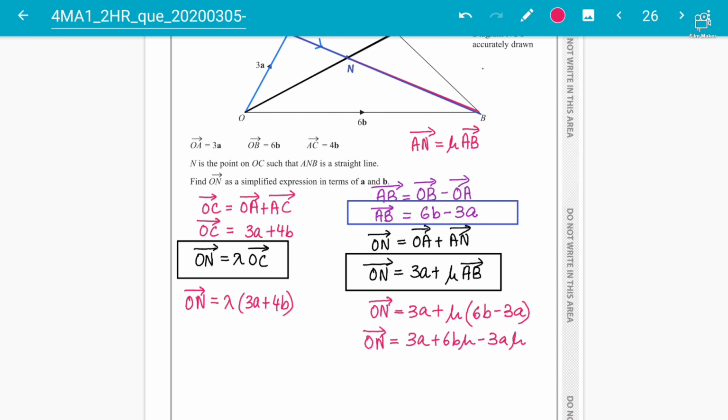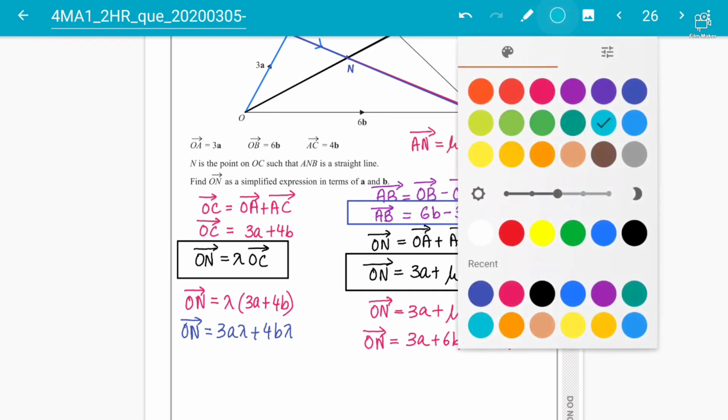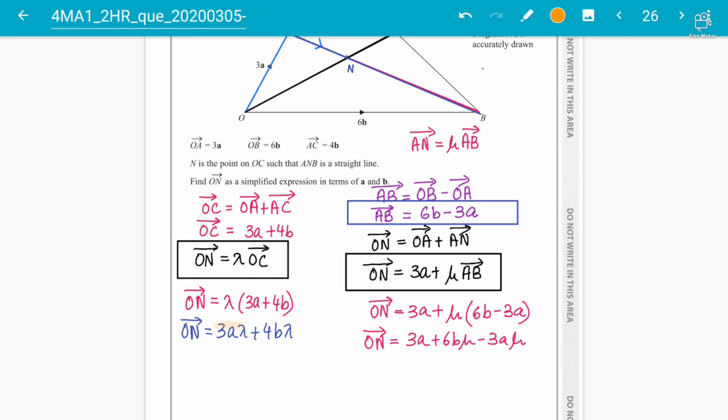We are going to multiply these two, students, so let's change the color. So we got the ON vector as 3a lambda plus 4b lambda. Now it's all about the highlighters. Make sure you understand that a will be compared with a and b will be compared with b. So for the a, it's going to be 3a lambda is equal to 3a minus 3a mu.